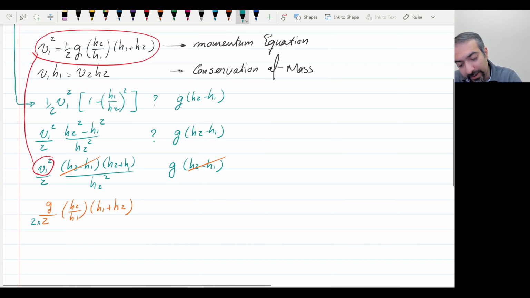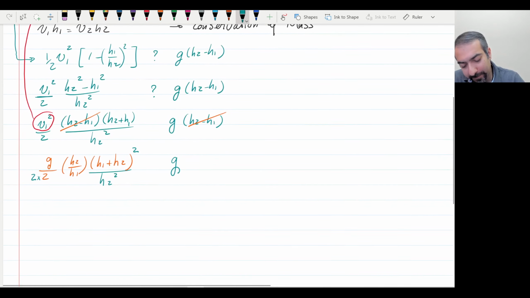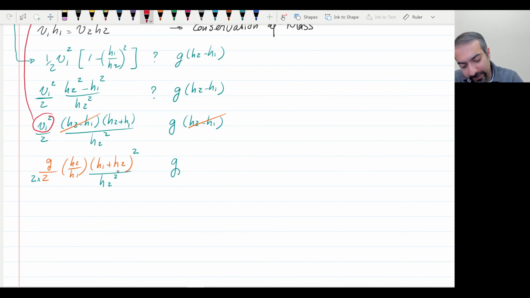There you go. So there's going to be h1 plus h2 to the power 2 divided by h2 squared, and on the other side I have only g. Now, one of the powers of h2 goes away with this h2, and this g goes away with this g. I'm going to be left with h1 plus h2 to the power 2 over 4 h1 h2, compared with 1.